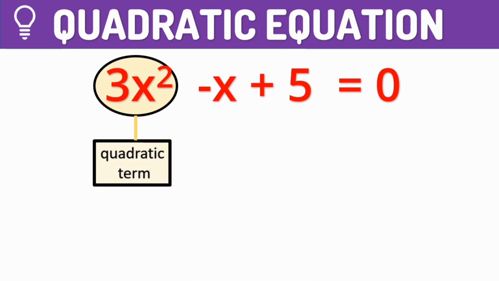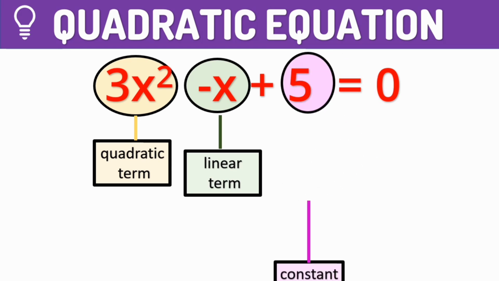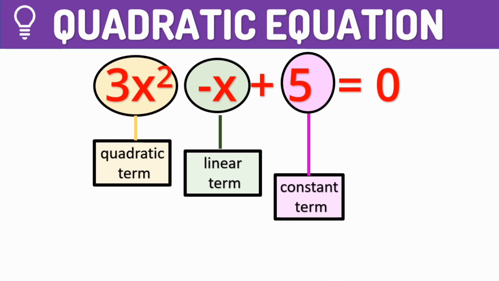That is the quadratic term. The linear term, okay, that is the negative x, or it has a 1 exponent, right? A variable having a 1 exponent. This is our linear term. And the last term, the number only, that is what we call the constant term.